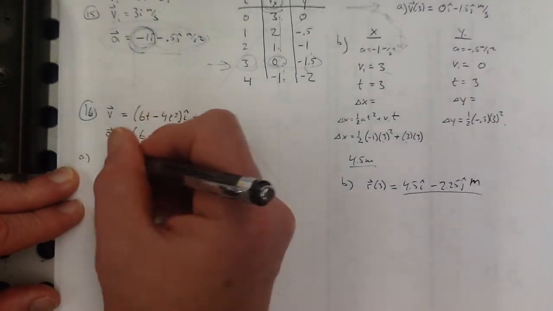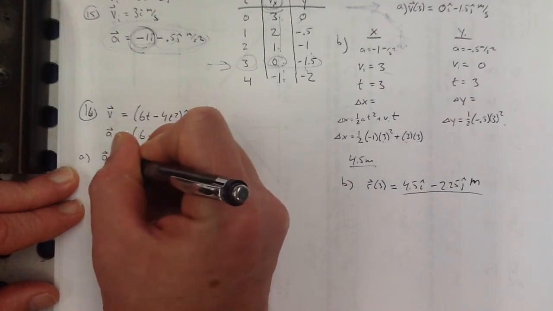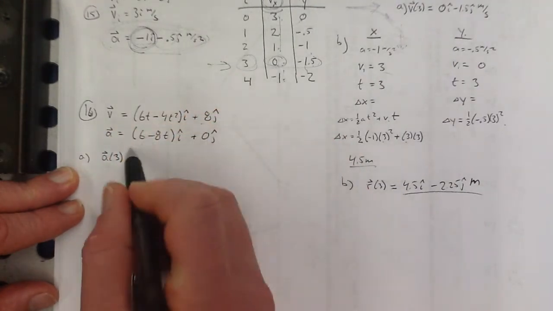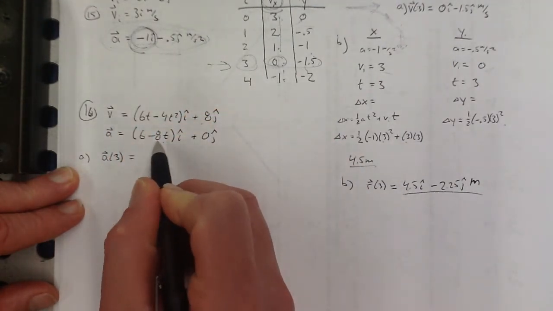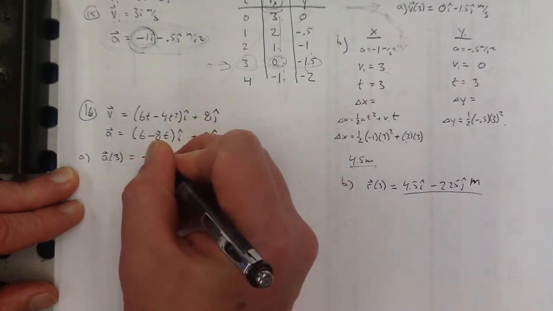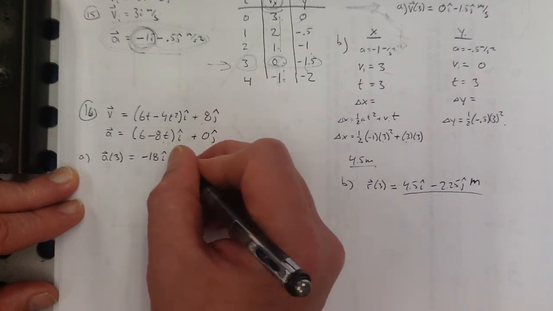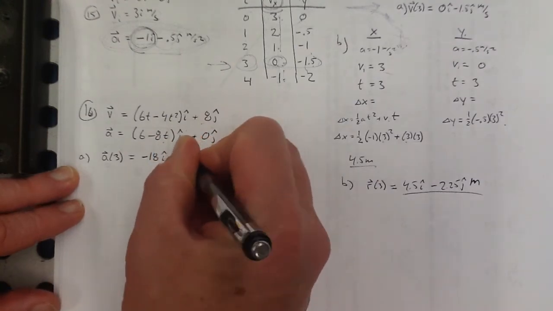So for part A, the acceleration at time 3 is, plugging 3 in here, 6 minus 24 is minus 18 i meters per second squared.